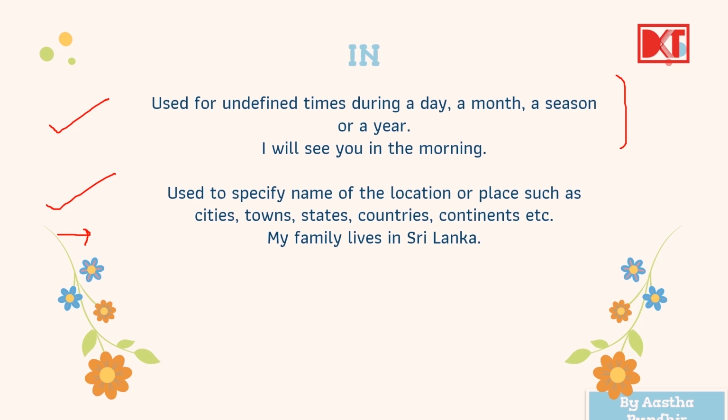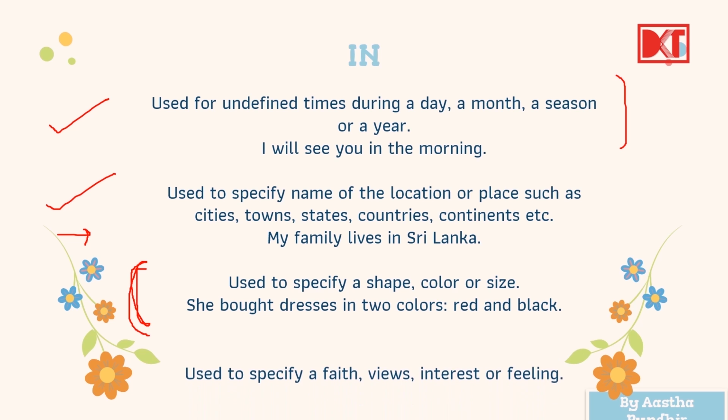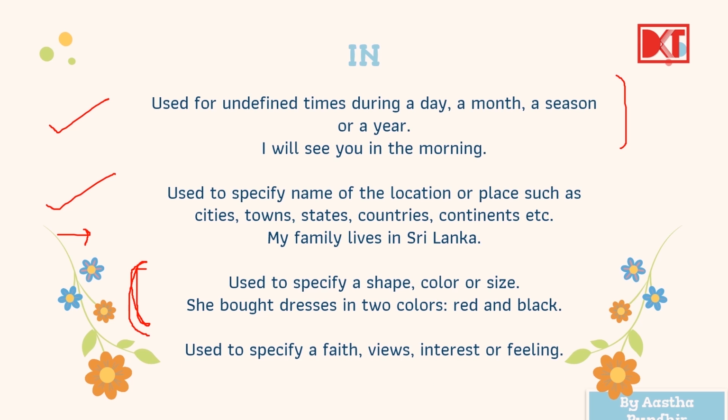Talking about a country. It is also used to specify any shape or color or size. Like I say, she bought dresses in 2 colors, red and black. So we're specifying colors, right? That's when we can use "in". Another way we can use "in" is specifying any faith, views, interests or feelings.